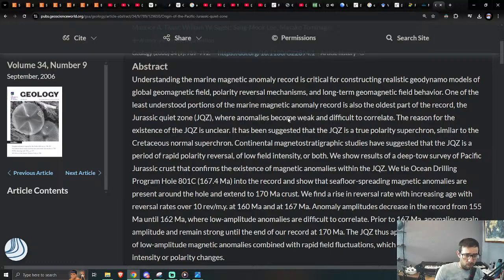And then basalt became the component of the space between everything as the Earth expanded. Where anomalies become weak and difficult to correlate, the reason for the existence of the Jurassic Quiet Zone is unclear.